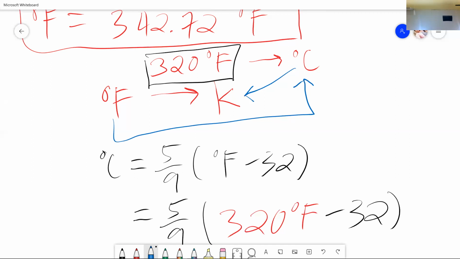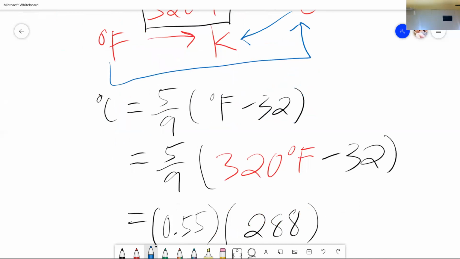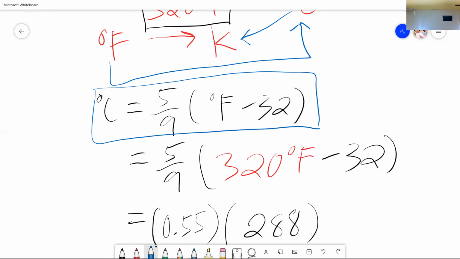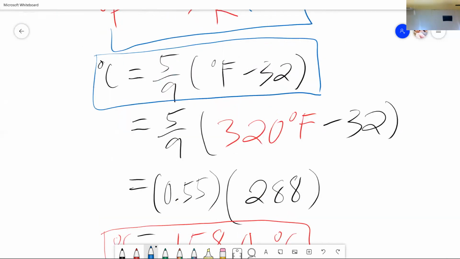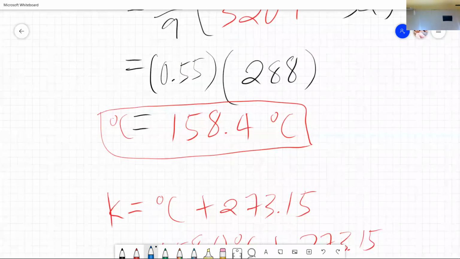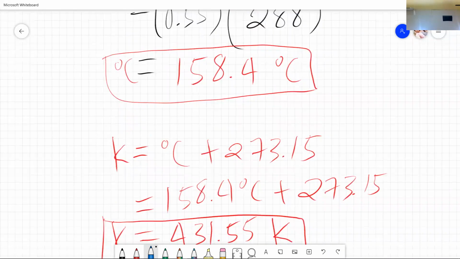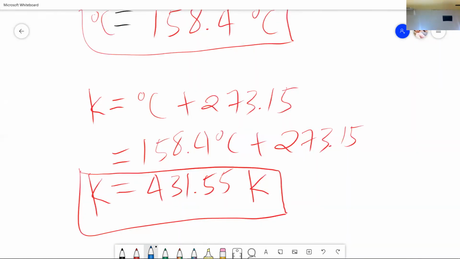So first convert from degree Fahrenheit to degree Celsius using this equation, and we have 158.4 degrees Celsius. Next, from degree Celsius to Kelvin, here's the equation and how to solve.